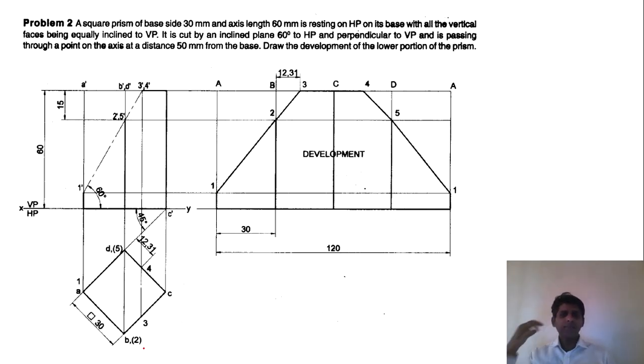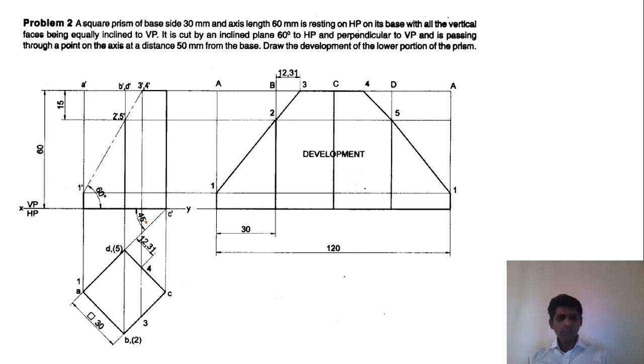So the first step that we have to do is to draw the prism, the top view of the prism and the front view of the prism. And let us do that in the software and see how to go about this.